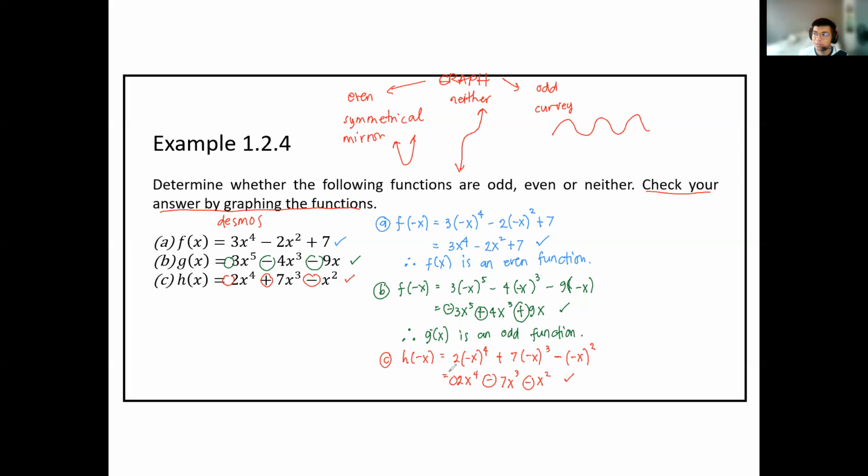So it does not satisfy the condition for even functions. It's also not a condition for odd, di ba? Because not all operations were changed. So your final answer would be, since some were retained and some were changed, h of x is neither odd nor even.